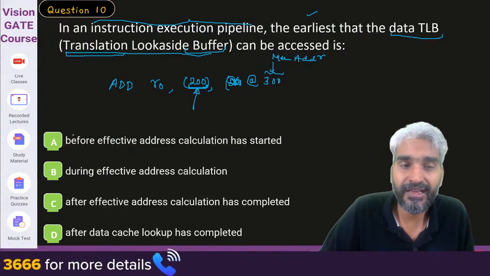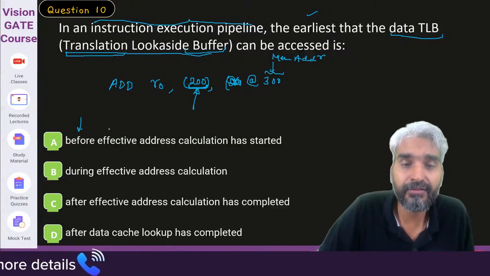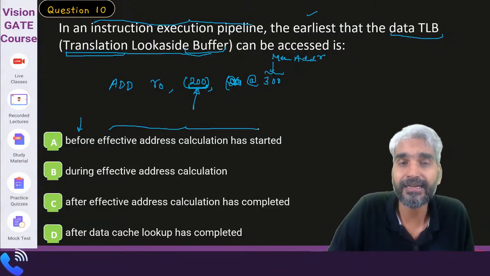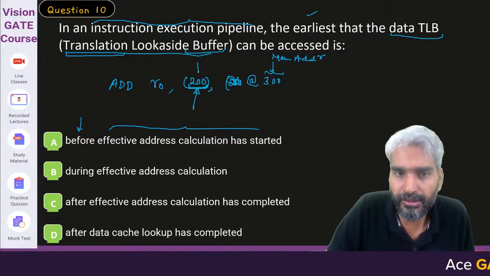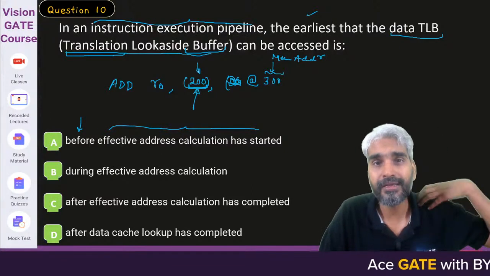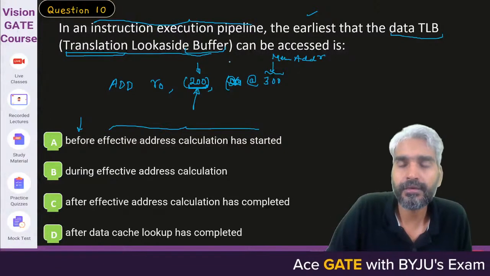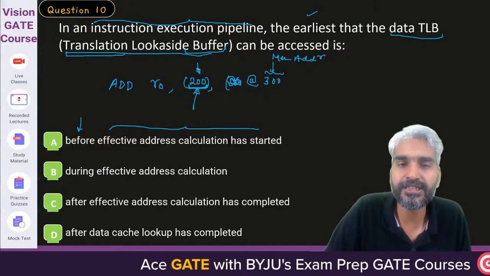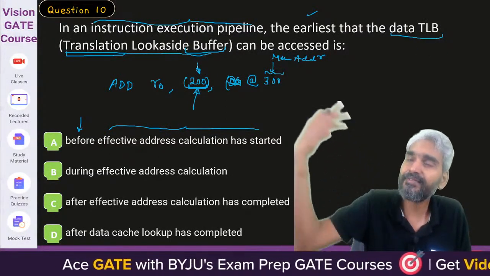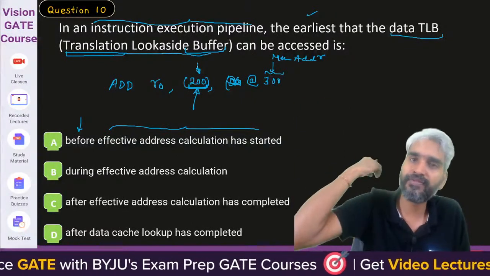So obviously we cannot start before effective address calculation has started, because first we need to start the effective address calculation. Once we know this address 200, then only we will fetch the data from memory, or we will translate this logical address 200 into physical address, and then from that physical address fetch the data.